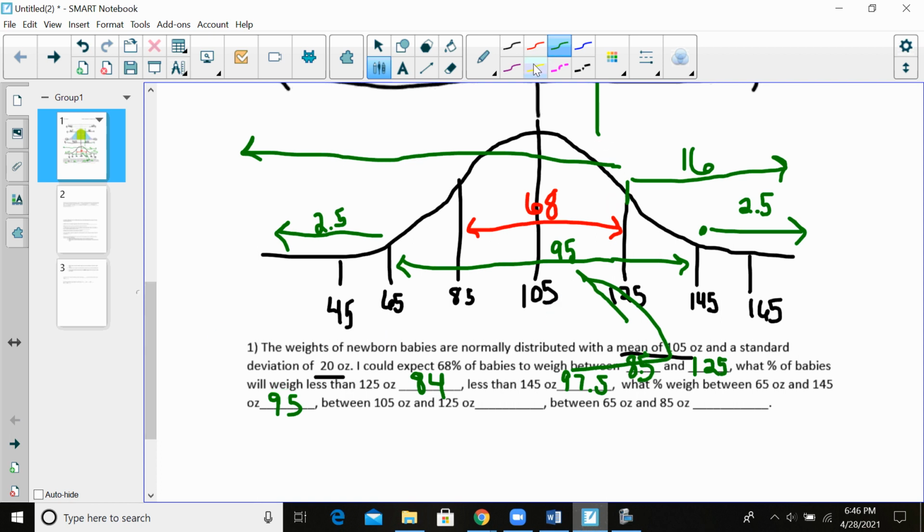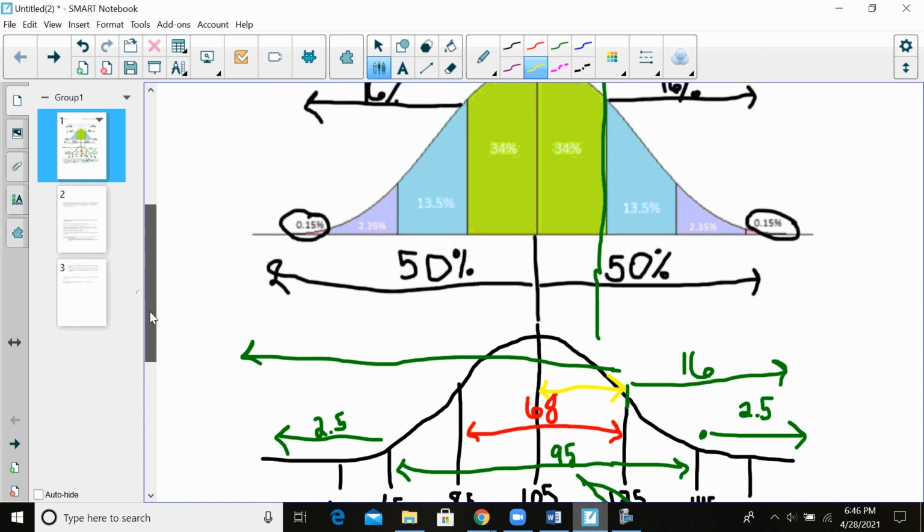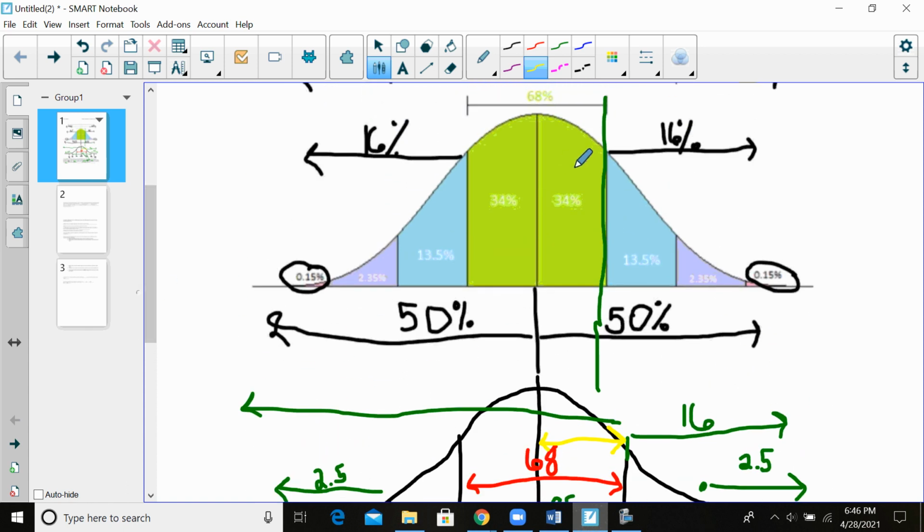Okay, so 105 and 125, I'm talking about just from here to here. So since there's 68% within one standard deviation, but I only want this part, right, from here to here. Okay, so that's going to be 34%.